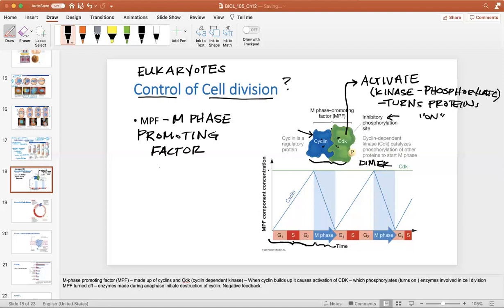Okay, so when the concentration reaches a certain level for this cyclin CDK dimer, there's an enzyme that will come along and it will take off this inhibitory phosphate. And what will happen instead is this thing will activate and it will work to turn on proteins that initiate the M phase here, okay?